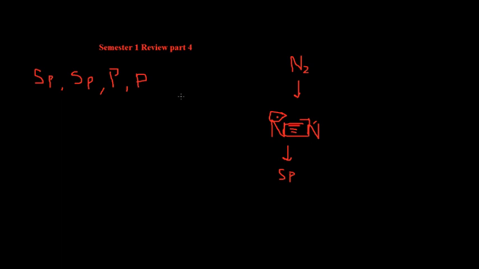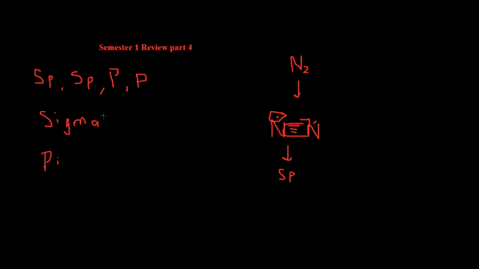Now to figure out exactly how this molecular orbital is shaped, first you have to recognize the difference between a sigma and a pi bond.